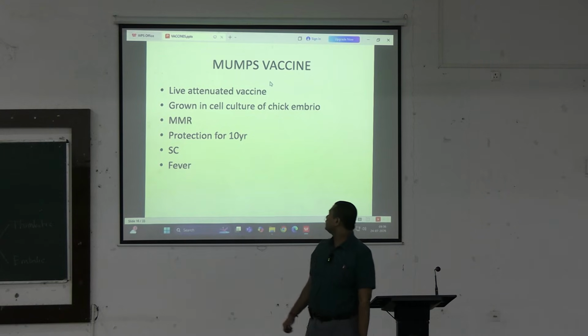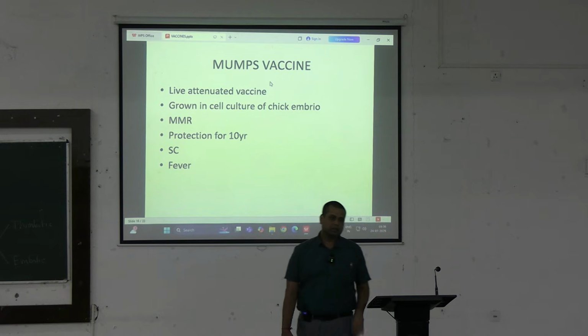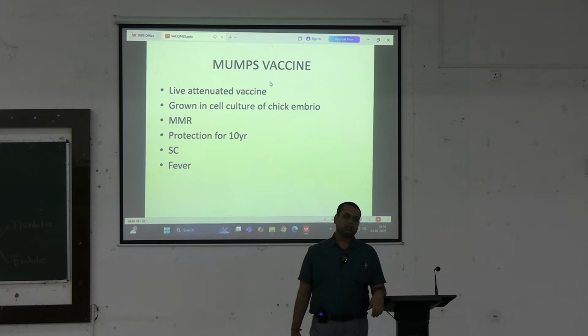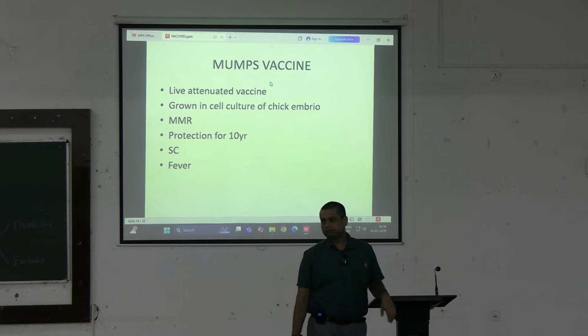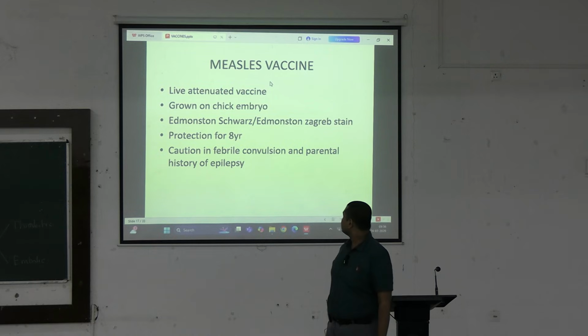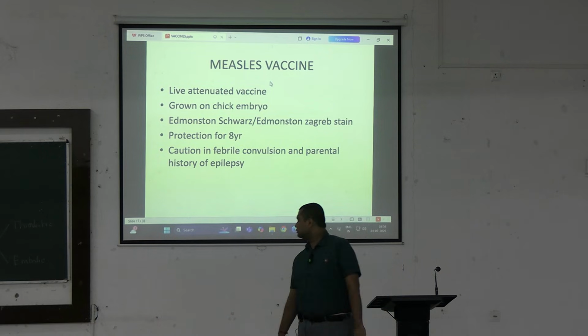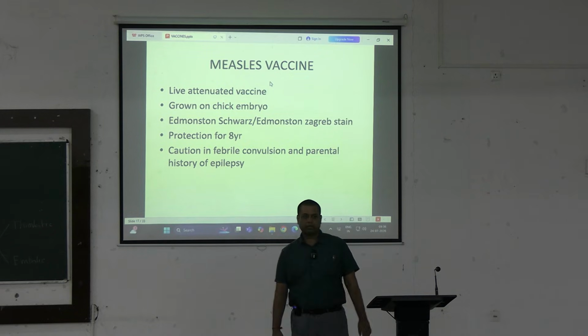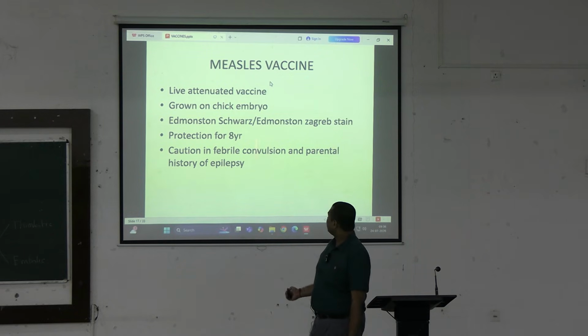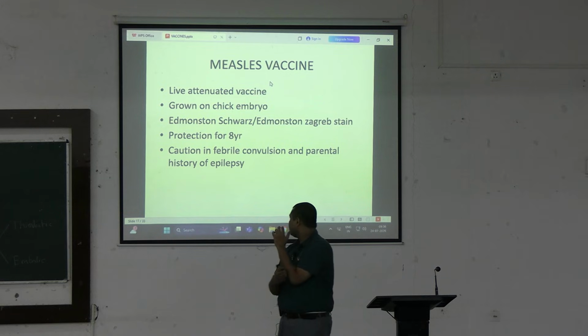Protection lasts for 10 years, given subcutaneously, and it may cause adverse effects. There may be fever. Measles vaccine is another component of MMR. These are live attenuated vaccines grown on chick embryo.